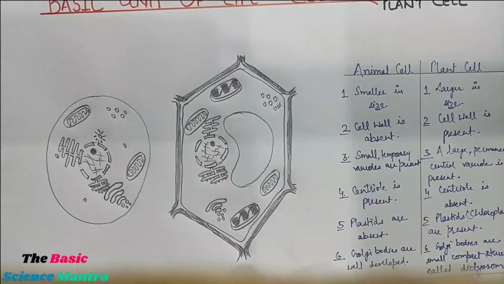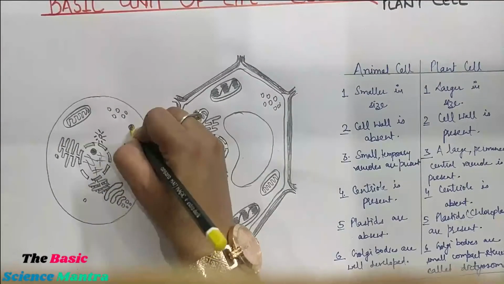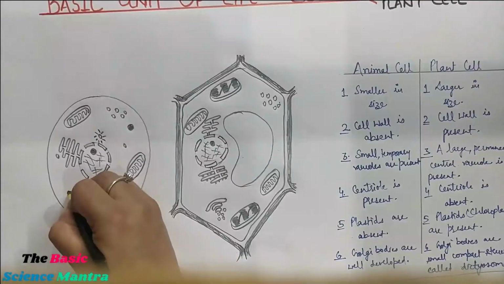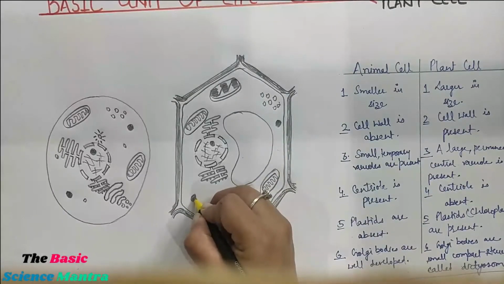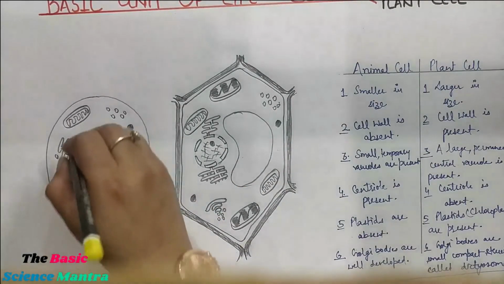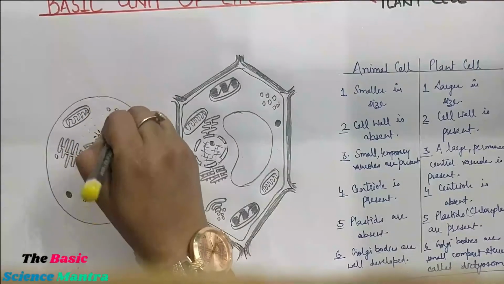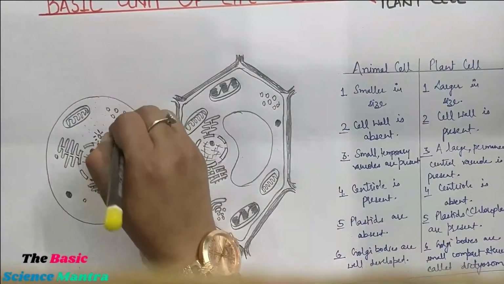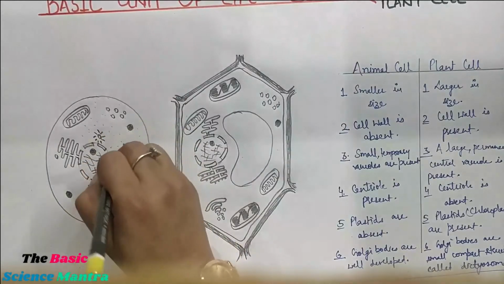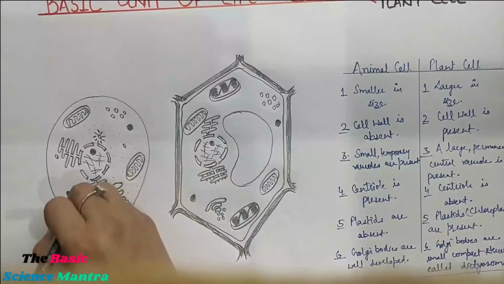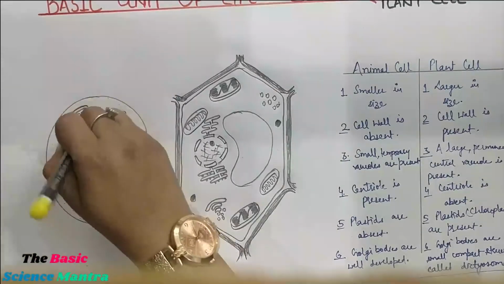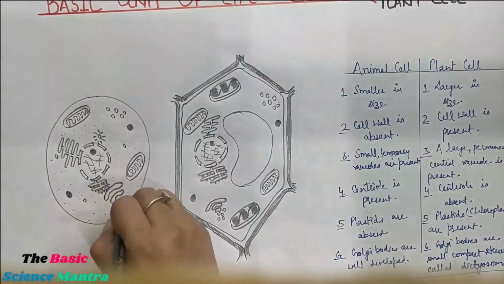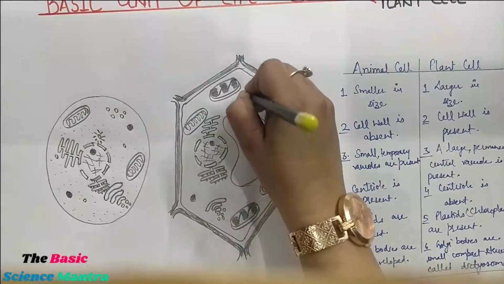And then I'll draw lysosomes that are called suicidal bags. And in the last I'll fill it with dots and that is cytoplasm, also called protoplasm. Why? Proto means living. It is the living fluid which keeps the cell living.